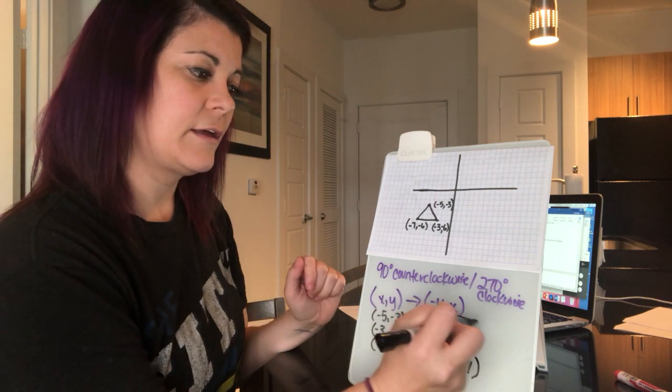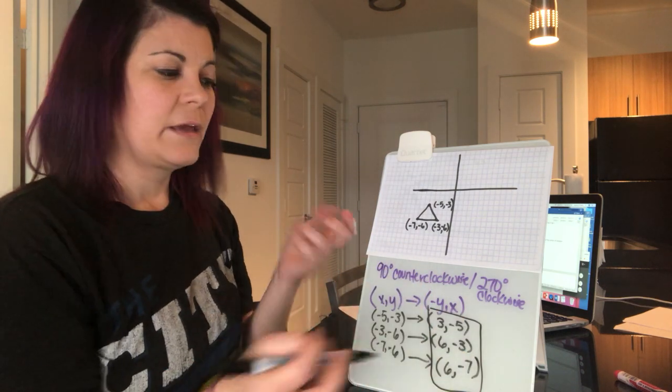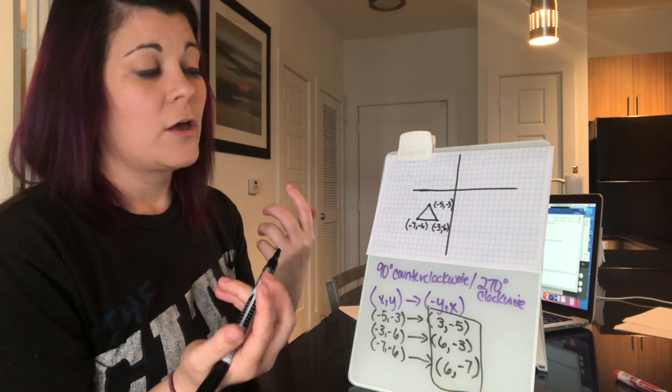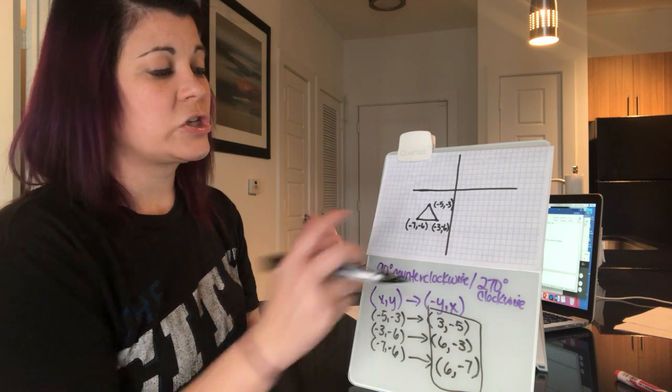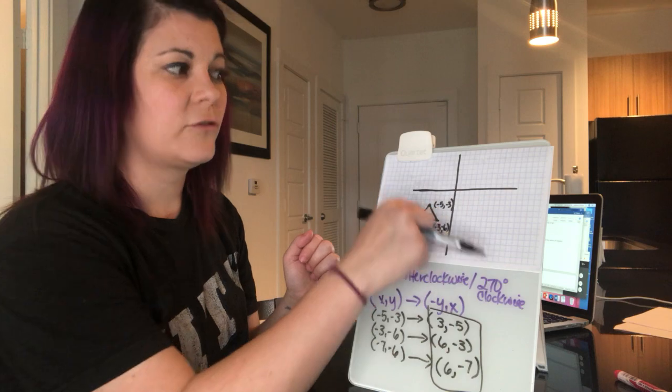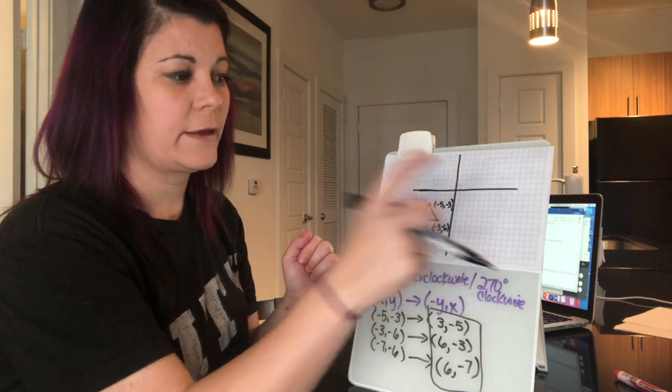So now I can take these and graph them, and we will have done a 90 degree counterclockwise rotation or 270 degrees clockwise rotation. It should be in this quadrant because 90 degrees counterclockwise goes there and 270 degrees clockwise goes there.